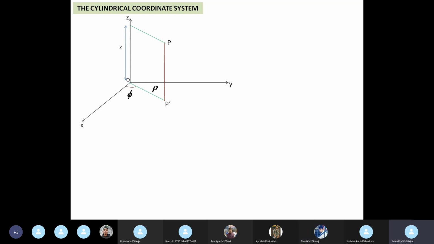So these three parameters, rho, phi, and z, are the three coordinates that we are going to assign when we set up the cylindrical coordinate system. Now, why this is called the cylindrical coordinate system, we'll come to know in a moment. Okay. We also drop perpendiculars from the point P prime onto the x-axis and the y-axis. Okay.